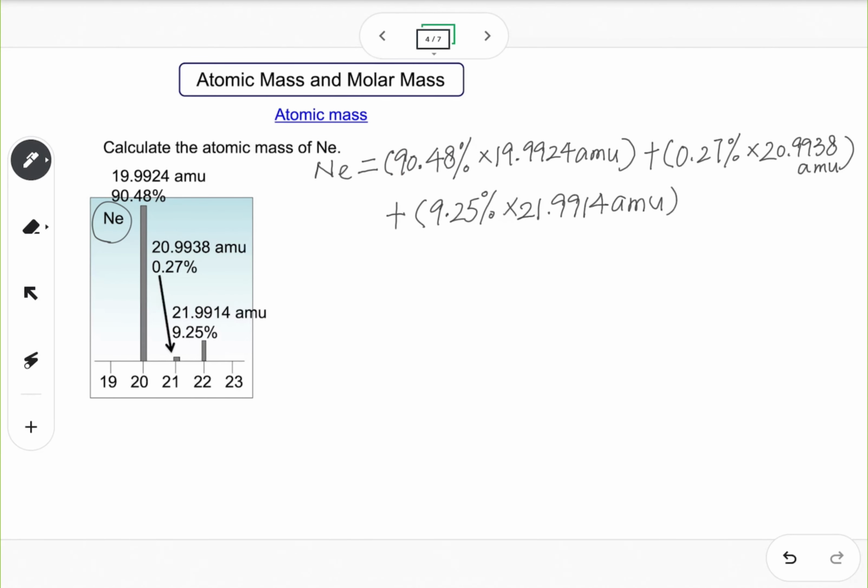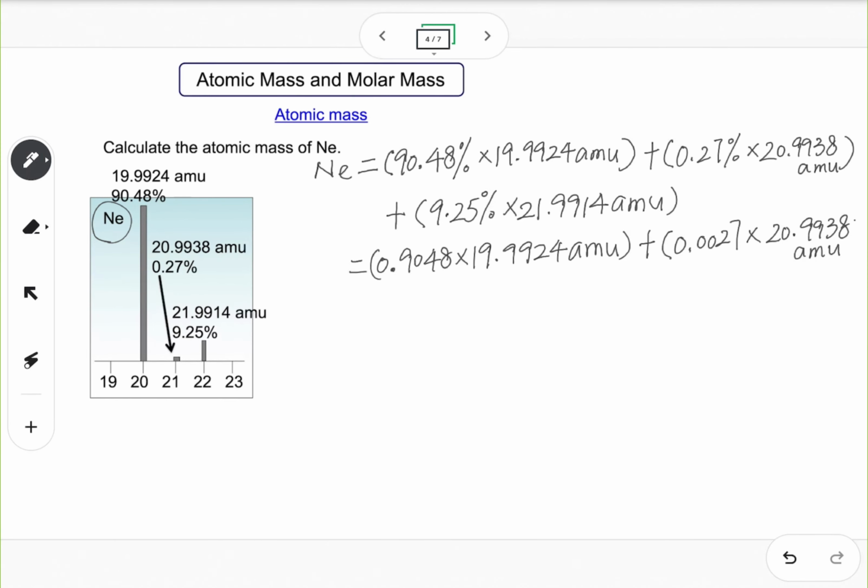Let me write this down. 0.9048 times 19.9924 AMU, plus 0.0027 times 20.9938 AMU, plus 0.00925.